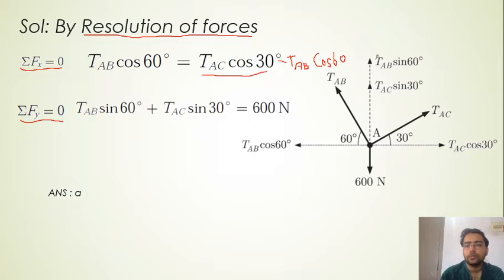So this should be equal to 0, because that is our sigma Fx is equal to 0. So TAC cos 30 minus TAB cos 60 is equal to 0. So we got two equations and we got two unknowns, right? So what we are going to do, we will take this TAB cos 60 to the LHS, and see what will become equal.